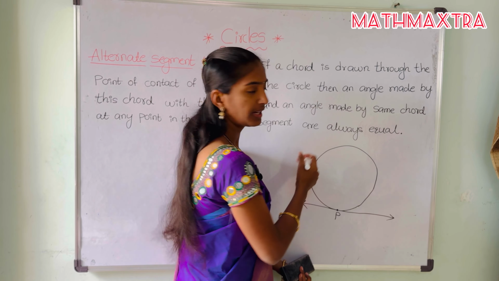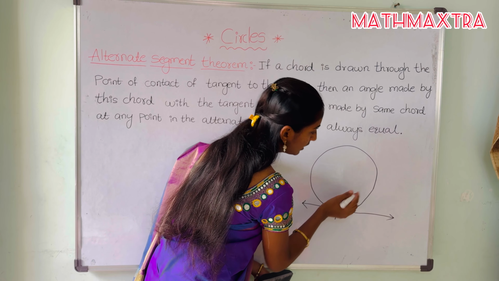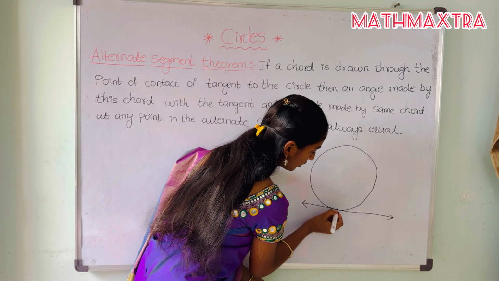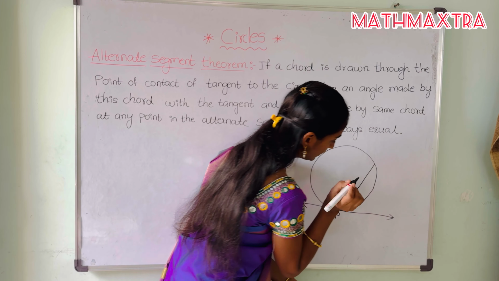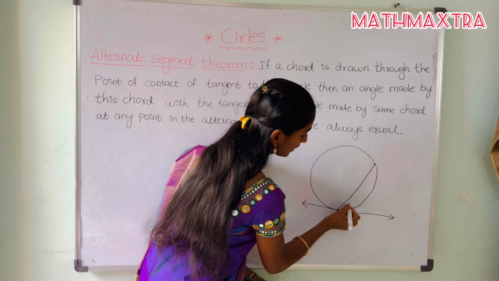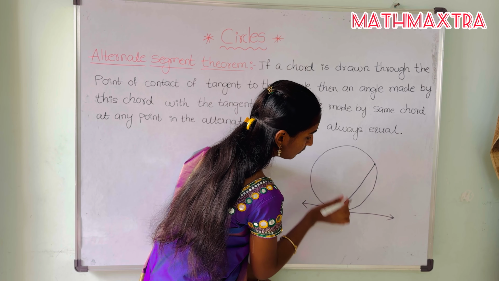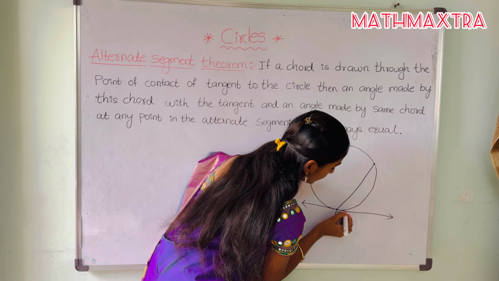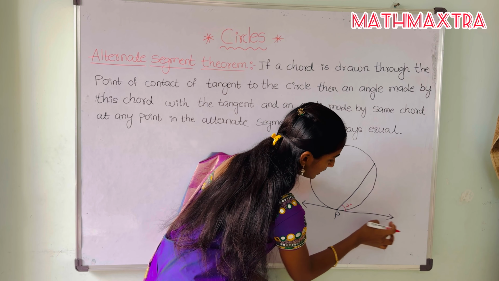If you draw a chord of this circle from the point of contact, this is a chord of the circle. Now this chord makes an angle x degrees with this tangent.